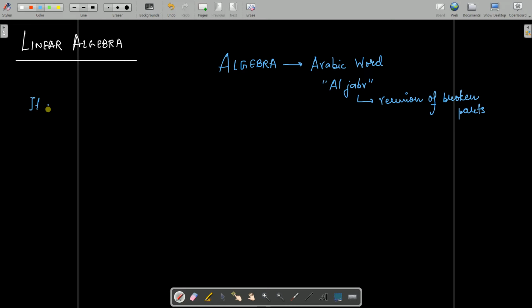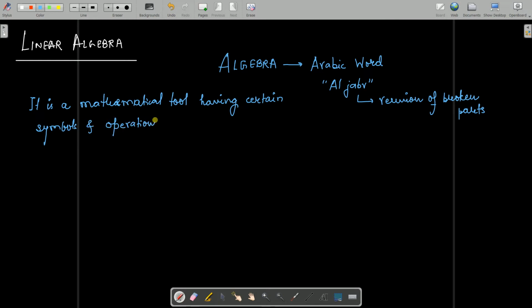It is a mathematical tool having certain symbols, and operations of these symbols lead to the solution of certain problems.